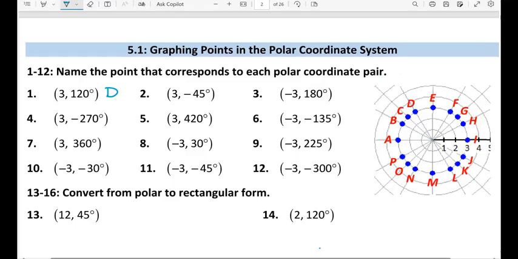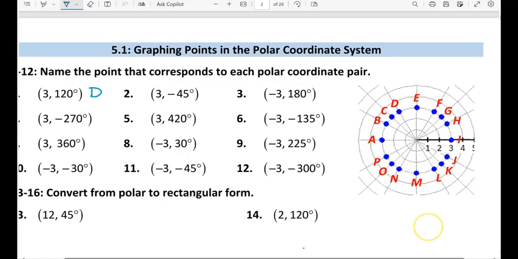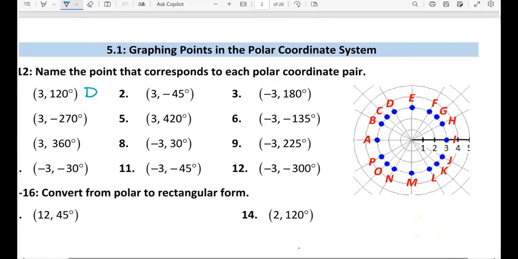For number 2, we have 3 comma negative 45 degrees. So for this one, we're going to rotate negative 45 degrees, which will be in a clockwise direction from the positive x-axis.